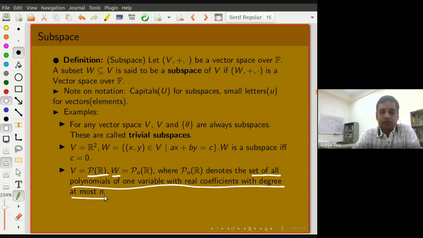In the vector space V, we are not limiting the degree of the polynomial. It could be any finite number, 10,000, 10 million, billion, it doesn't matter. If I take n to be 10, then I'm considering the subset that contains all polynomials with degree at most 10. It could be degree 0, 1, 2, up to 10. Will that subset W form a subspace?